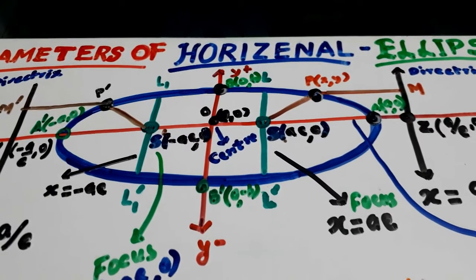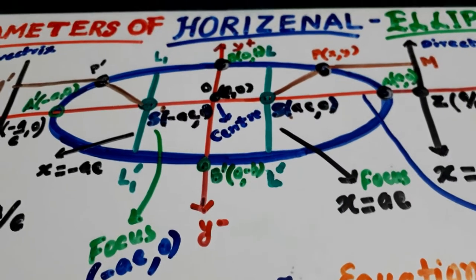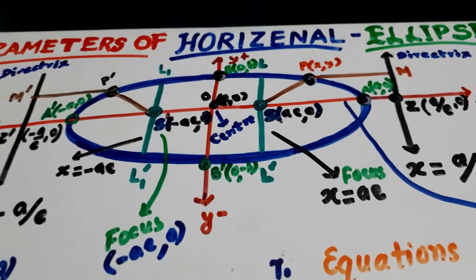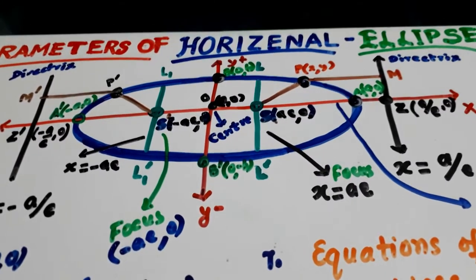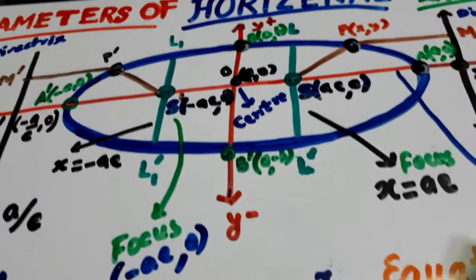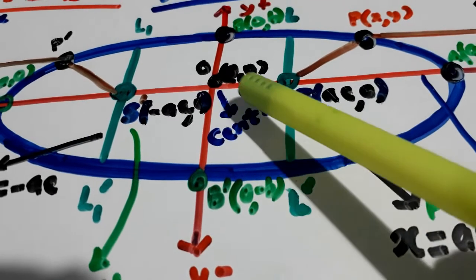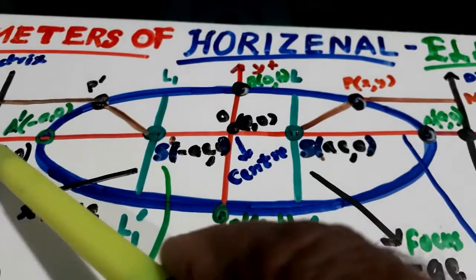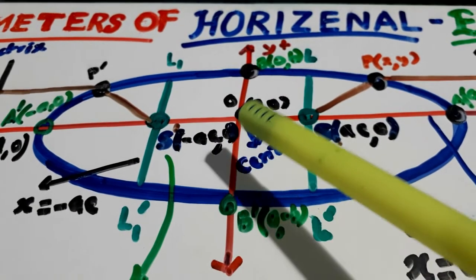Dear friends, surgery is starting right now. First of all, we will see the parameters of the horizontal ellipse. Look here, this is the center of the ellipse, where the x-axis and y-axis are intersecting.